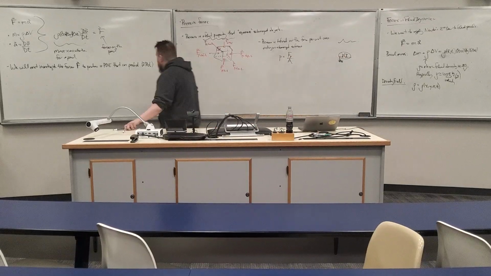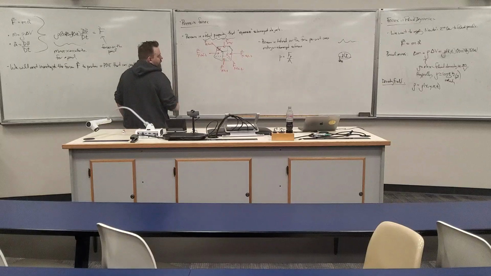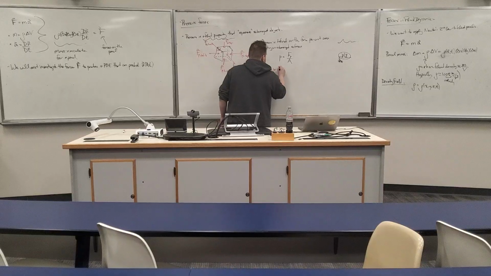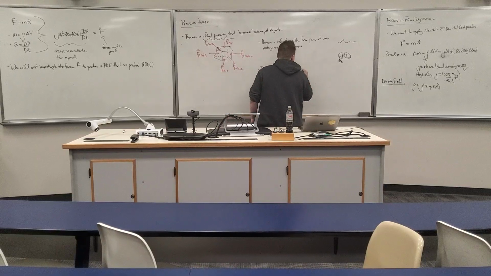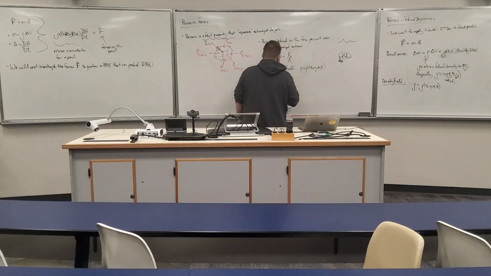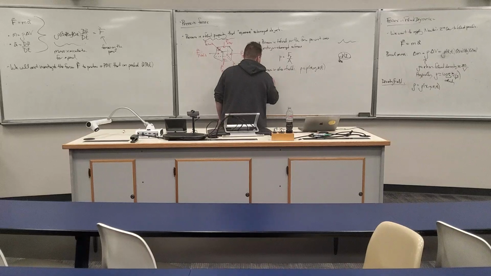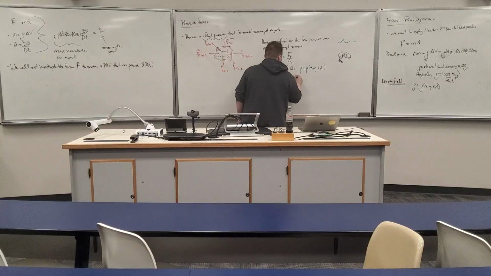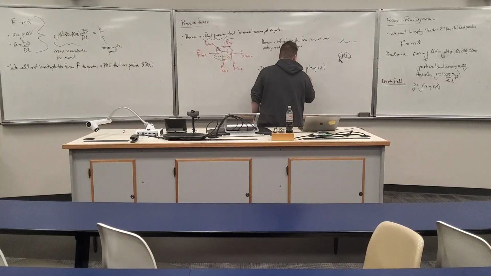So I'll just make the comment here. Pressure is also a field. So pressure is equal to pressure that depends on x, y, z, and t. For example, pressure is high in the deep ocean.